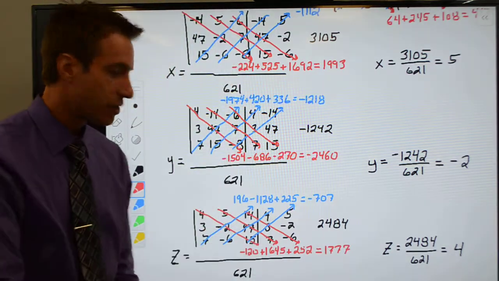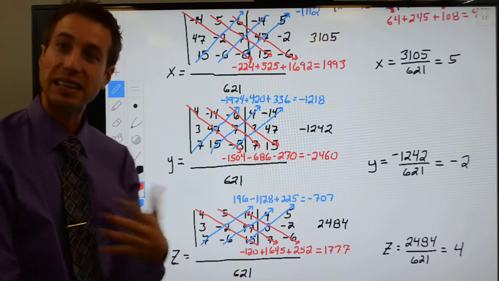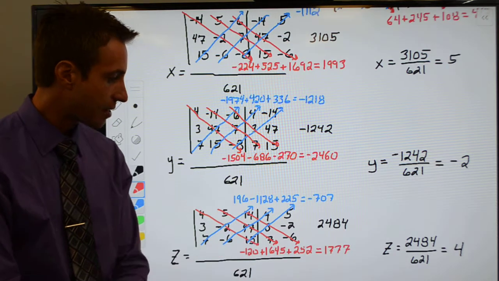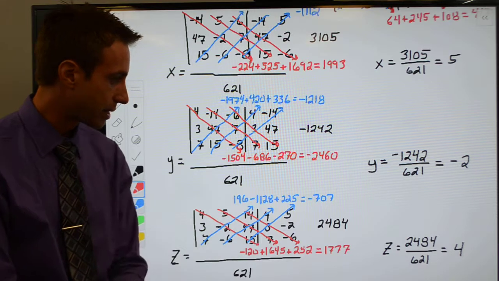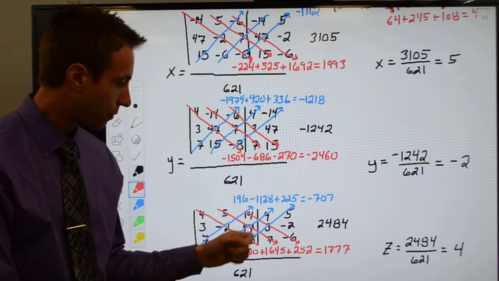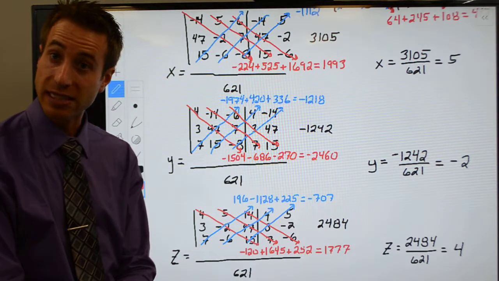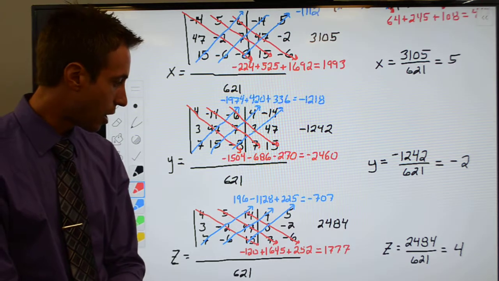And once again for z, the only difference here now is that z column. Leave out the coefficients for z, replace it with the 14, the 47, and the 15. I'm sorry, the negative 14. Negative 14, 47, and 15. And what we wind up with is 1,777. And in the top, negative 707.